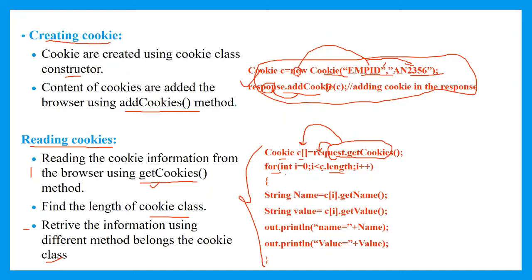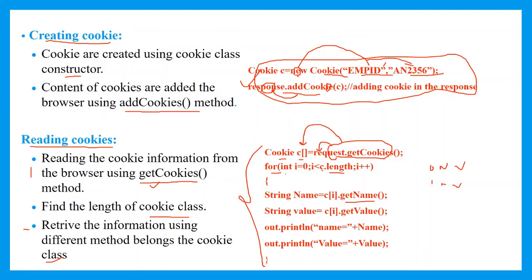Now I want to retrieve the information. Assume that at index 0, a name and values are stored. At index 1, another person's name and values are stored, and so on. Now I want to retrieve the name of the cookie from the browser. For that, we'll make use of a method called getName. So getName is a method which is going to retrieve the name of the cookie which has been assigned.